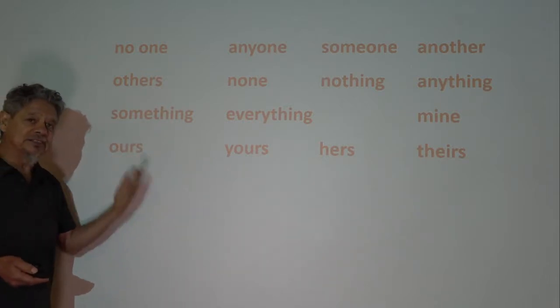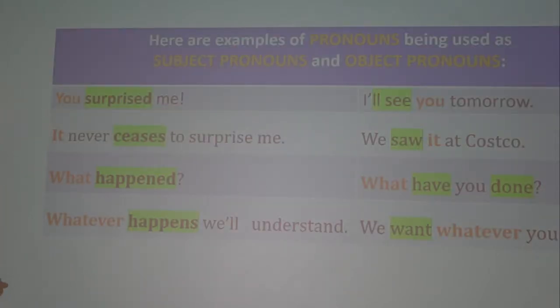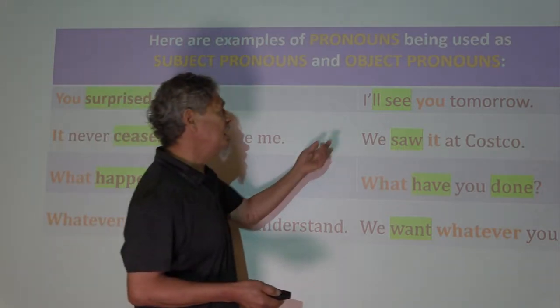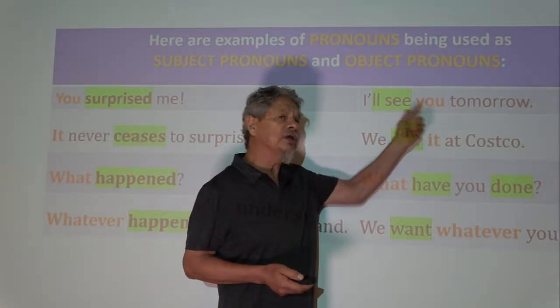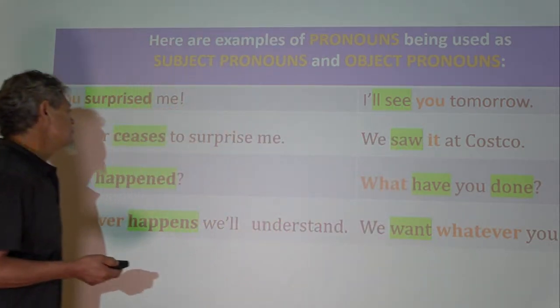They can be both subject and object pronouns. And I have 4 examples to show you. Beginning with the pronoun you. If I say, you surprised me, I'm using you as a subject. If I say, I'll see you tomorrow, I'm using you as an object after the verb will see.